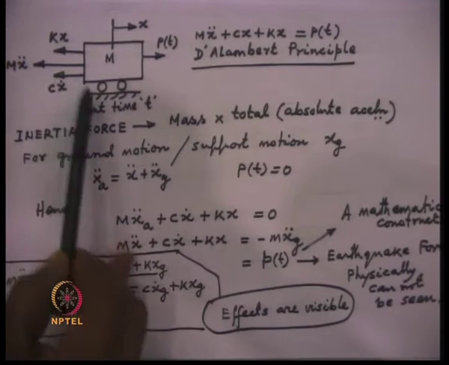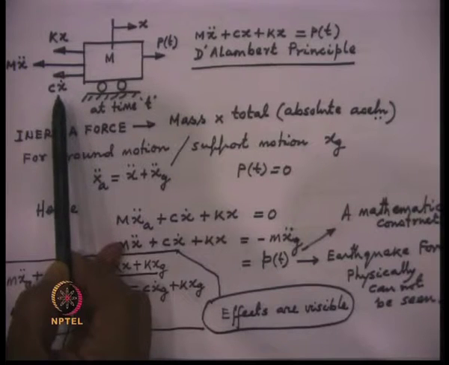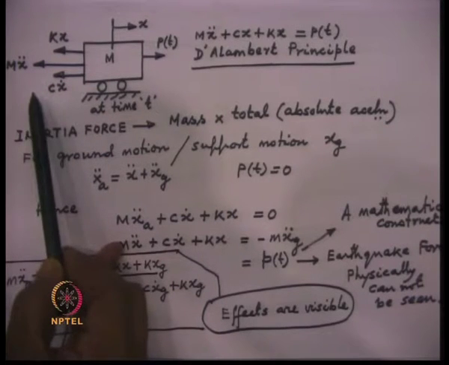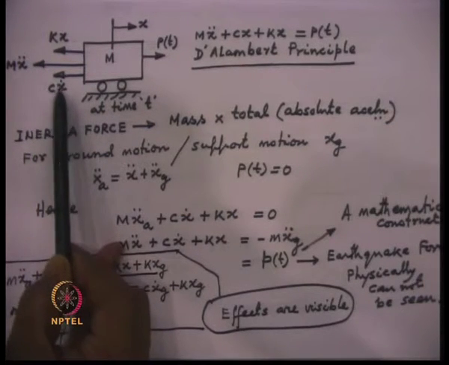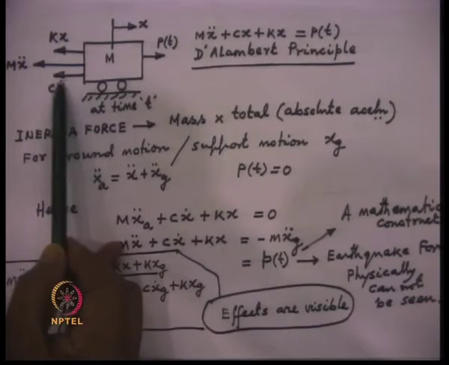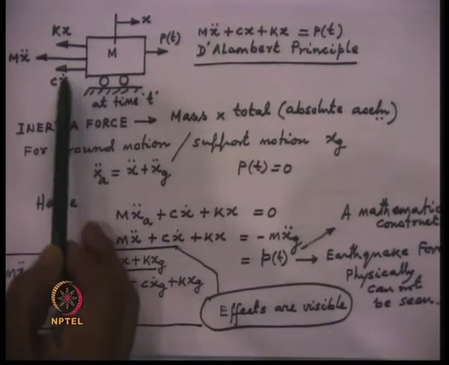The Cx dot, which is the damping force, is called the viscous damping force. It is written as a coefficient of viscosity multiplied by the velocity. This damping force by definition acts opposite to the motion because it dampens the motion.